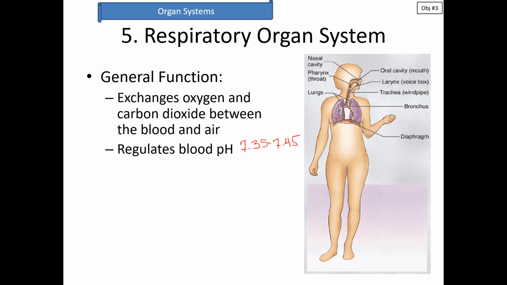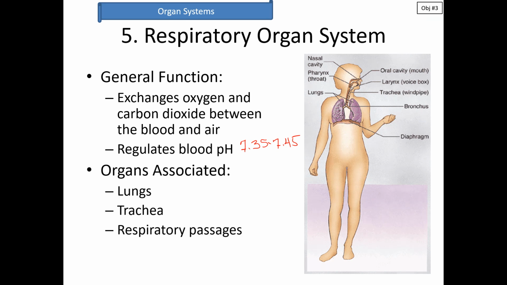It will eventually cause the body to die because those enzymes that have denatured due to a change in pH are no longer able to help with chemical reactions. And without that, again, the body will die. So regulating blood pH is a big responsibility. Organs associated: lungs, trachea, respiratory passages.